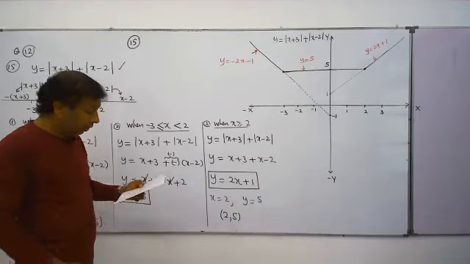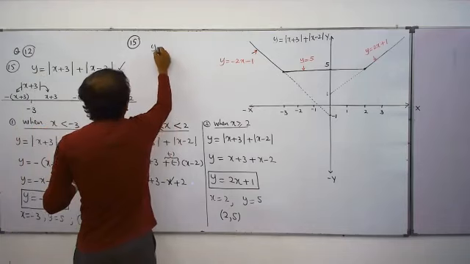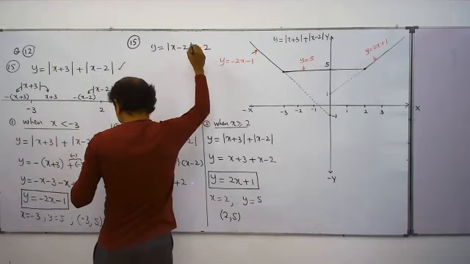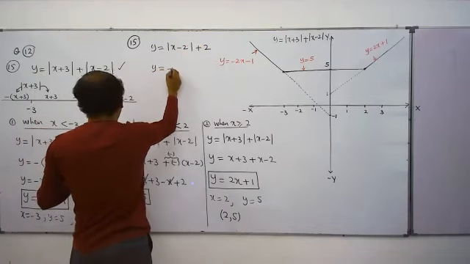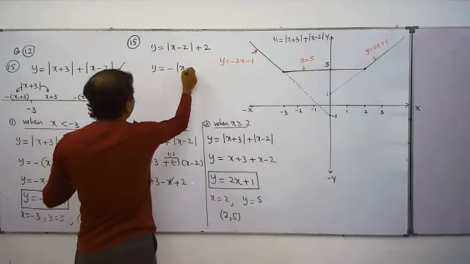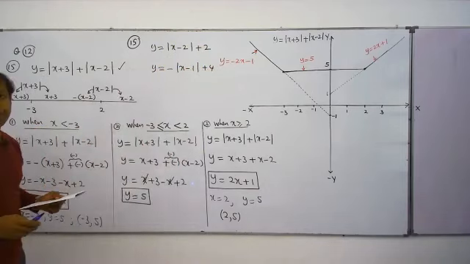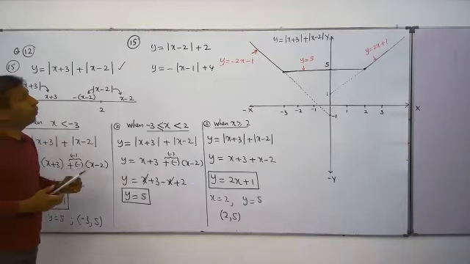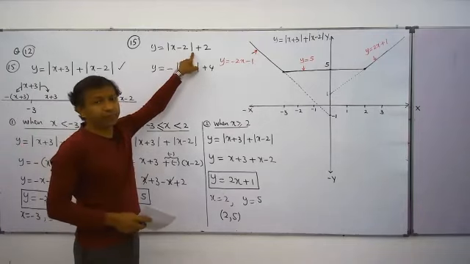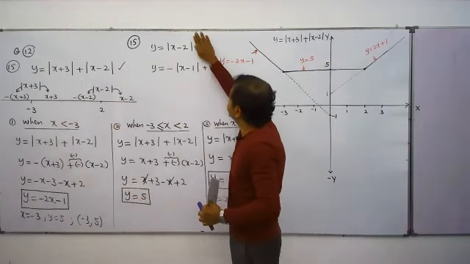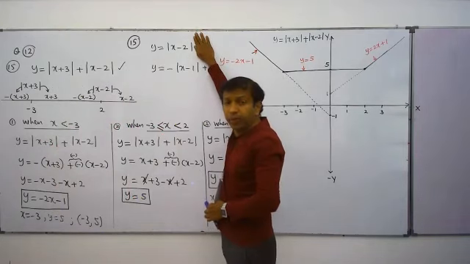I think you can draw this graph, y equals mod x minus 2 plus 2, and y equals minus mod x minus 1 plus 4. You know how to draw this graph very easily. If I first ignore this plus 2, the mod x minus 2 graph can be easily drawn.